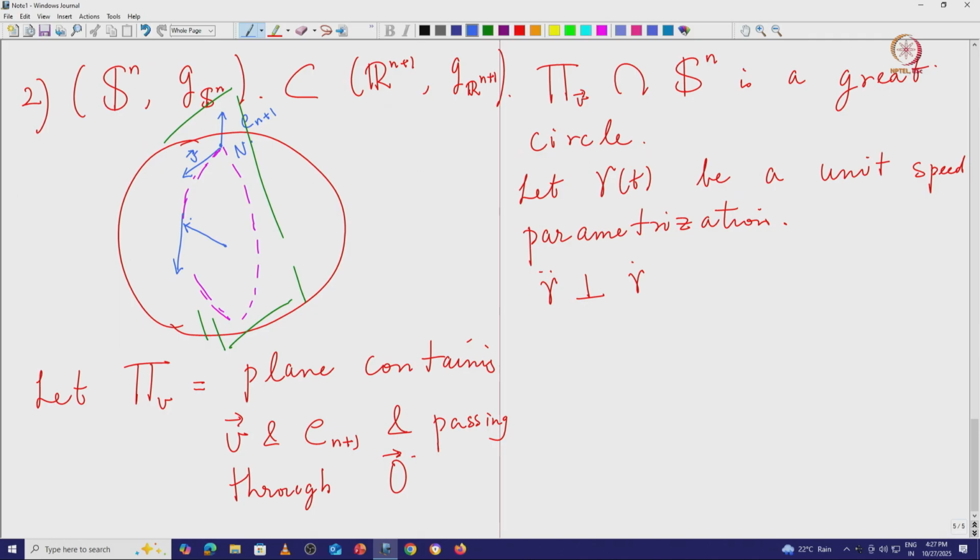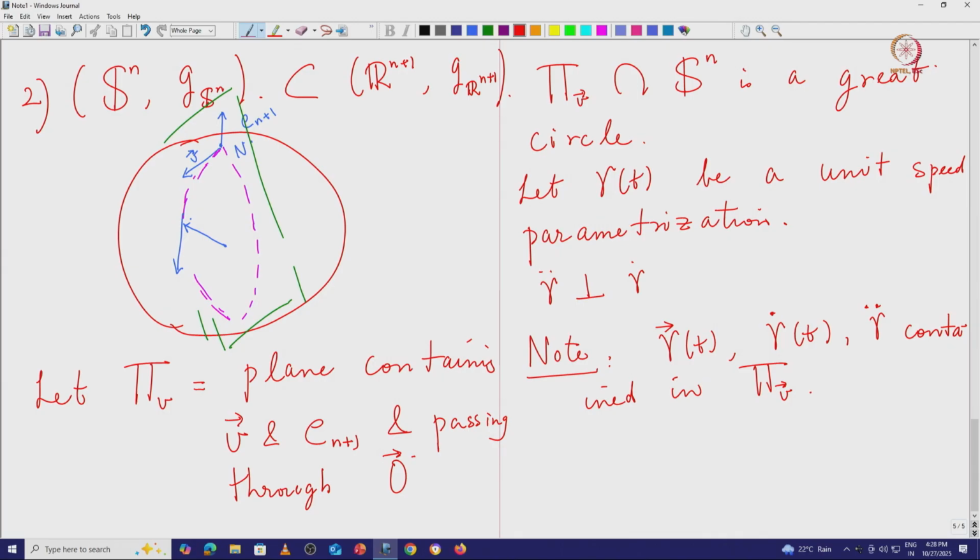So note that the position vector, which I will denote by gamma with an arrow, and gamma dot of t and gamma double dot of t are all contained in the plane. Right, obviously because gamma is a curve in the plane.